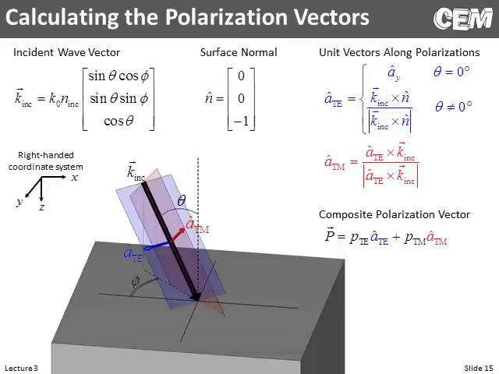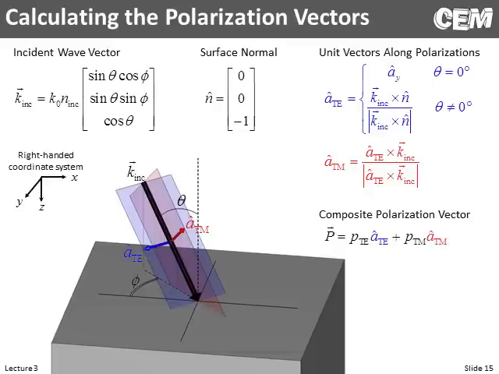Now there is a problem. At normal incidence, the direction of k and the surface normal are the same, and the cross product is going to be 0, and so that answer would be garbage. So for normal incidence, you can just pick whether it should be polarized in x or y. It doesn't matter because they're going to behave the same anyway. Does that make sense? Say that again. So at normal incidence, the k vector and the surface normal are parallel, so the cross product is 0.